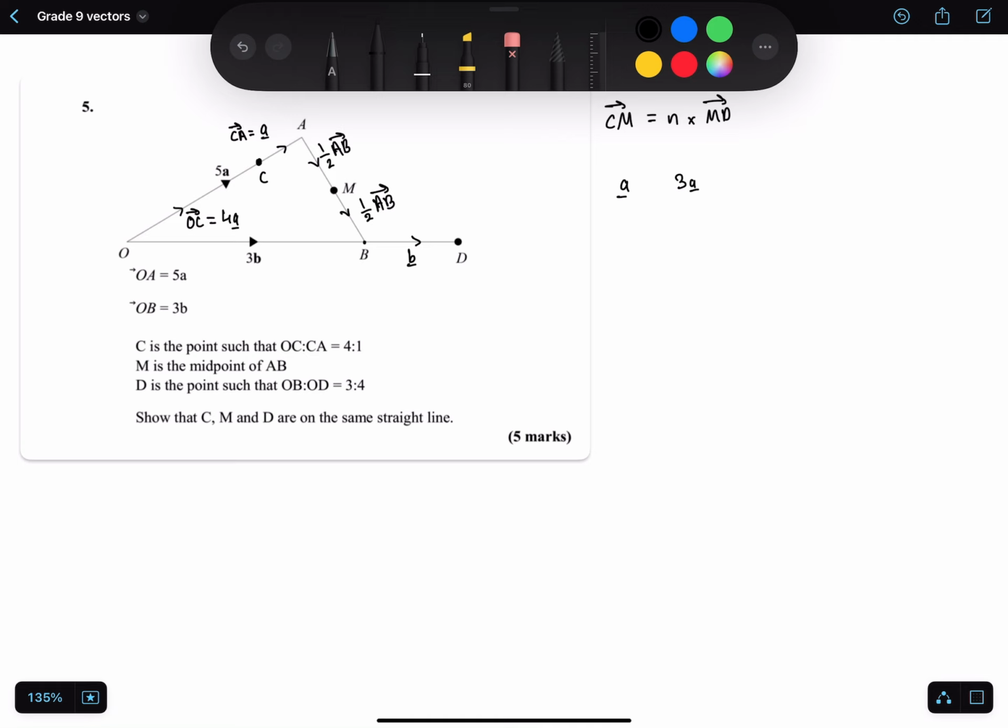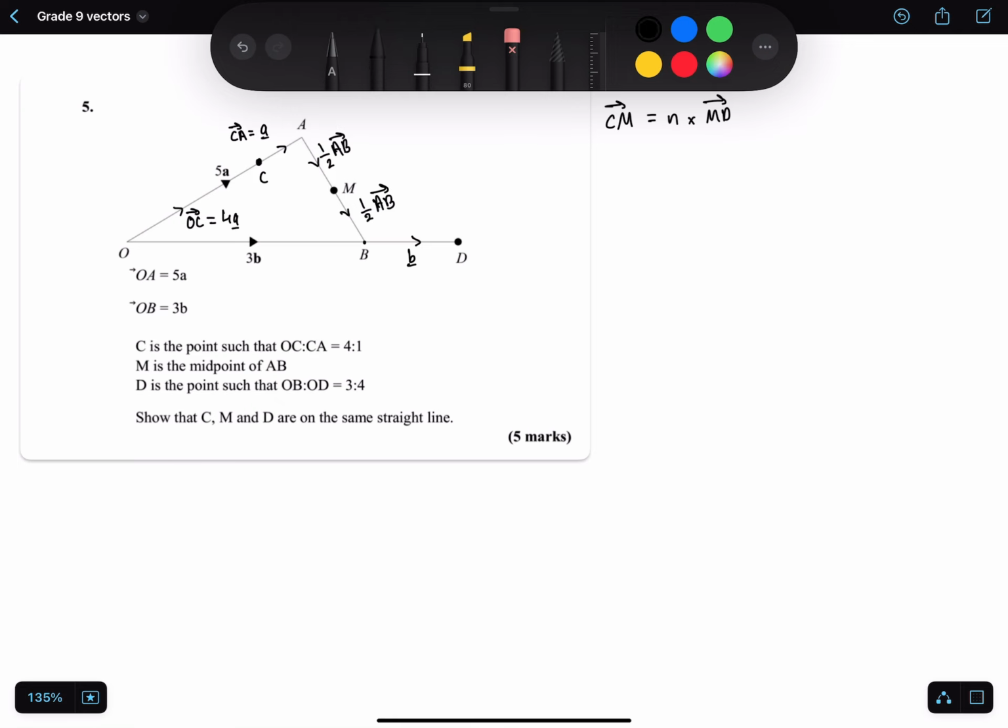Essentially these two are parallel because they both have the vector A, and this number 3 simply means that this vector here is 3 times longer than A. So that's what we call a scalar multiple, and it's just showing you how many times longer it is. But the actual vector part for both is just A, which means that they're parallel.